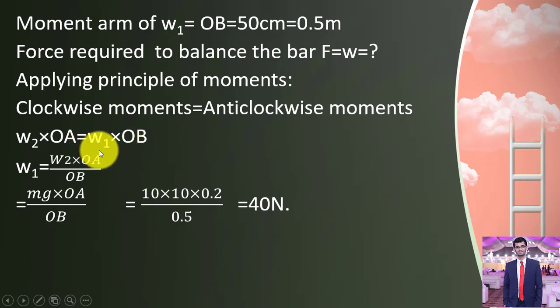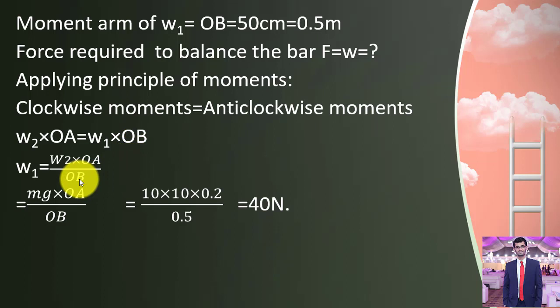We need to find W1, which is mentioned as W here in this statement. So by cross multiplication, this equation becomes W1 is equal to W2 into OA divided by OB.